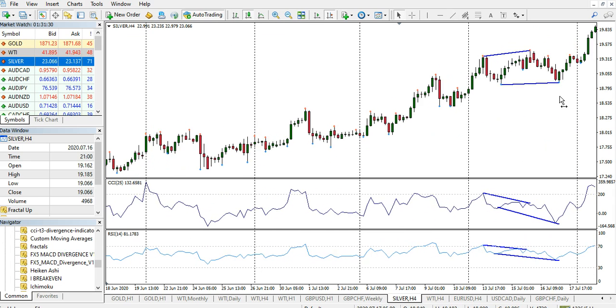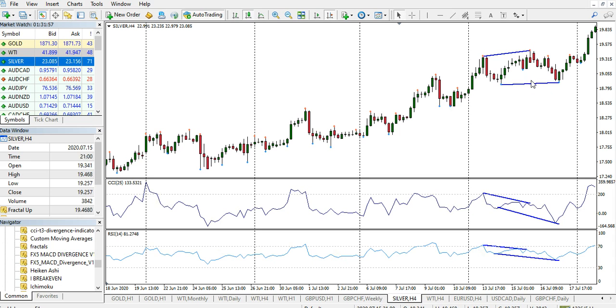And all you will do to enter is that once you see, I mean, the exact confirmation will be after you have a fractal low. So this was a fractal low, which will be confirmed after this candle is closed. But once you begin to spot the divergence, because it is such a good entry, the reversal in many cases happens.